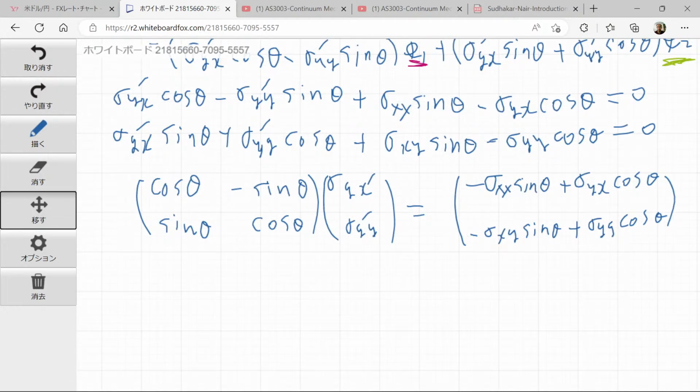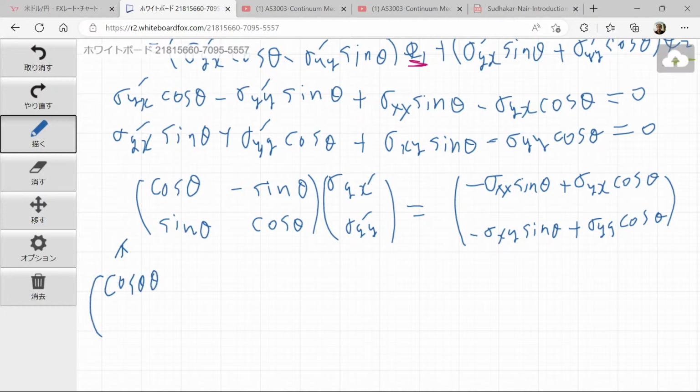Then we have to multiply something, right? I think we should multiply the matrix cosine theta, sine theta, minus sine theta, cosine theta. What happens if we multiply cosine sine? I think this should work, right?